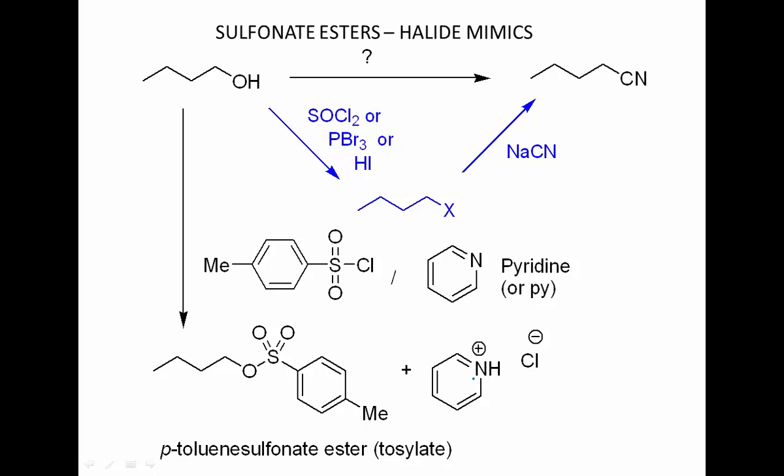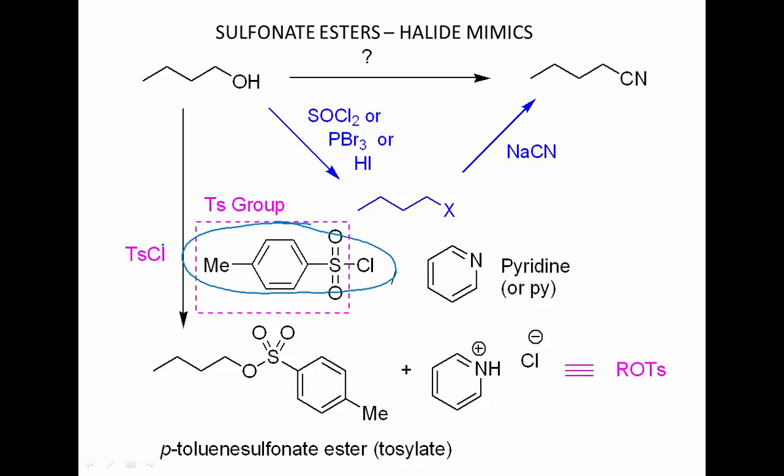Okay, there's kind of a lot to draw here. So this paratoluene sulfonate group has an abbreviation. Okay, so right here in the box you see what's signified by the letters TS. So this whole compound here, paratoluene sulfonyl chloride, is now just going to be shown as TSCl, a TS group bound to chlorine.